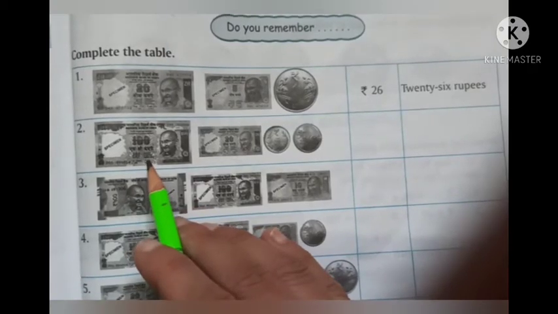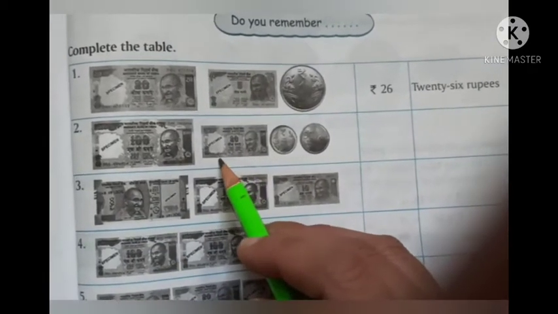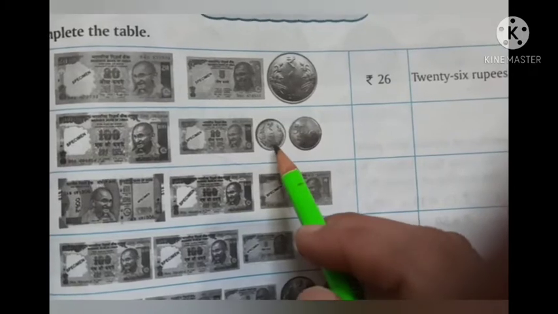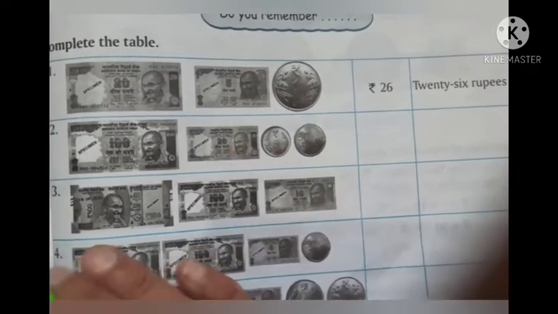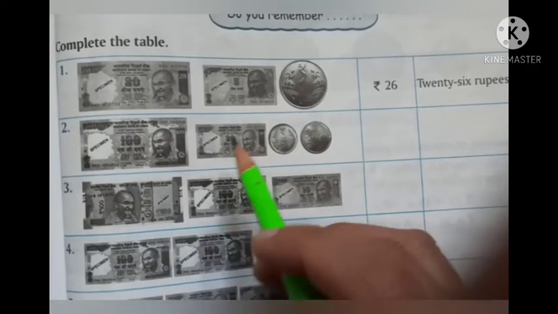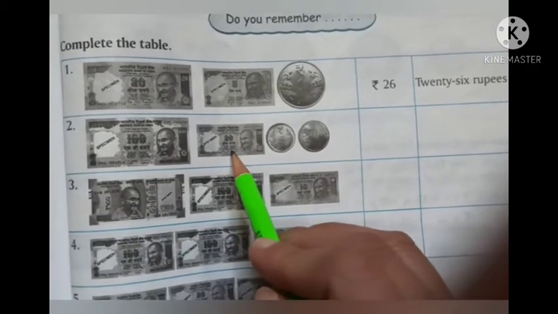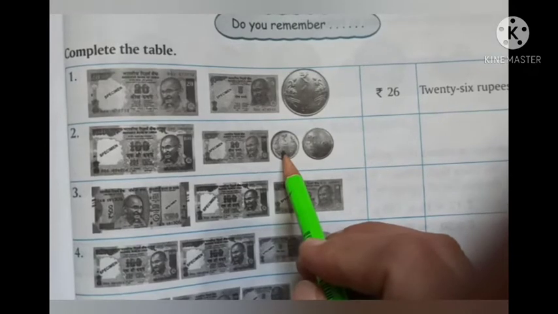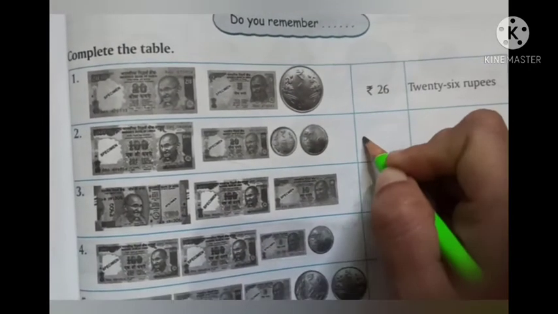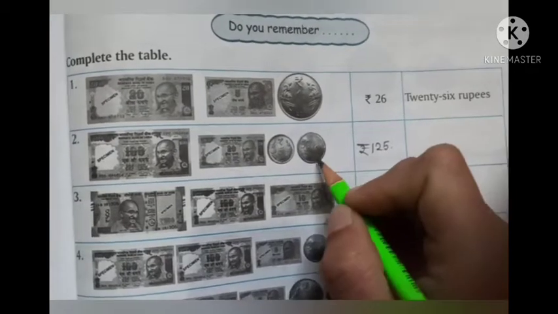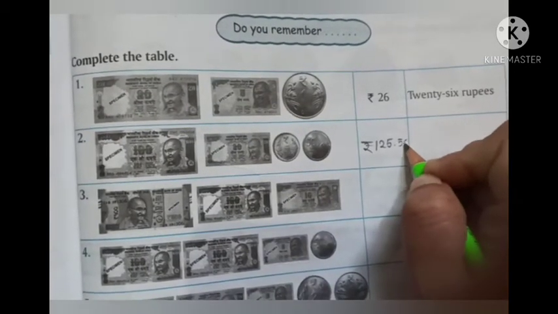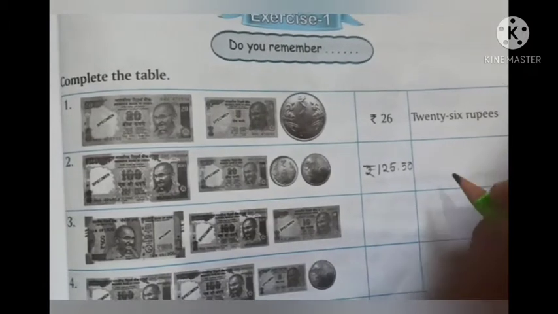Here we have a 100 rupee note, then we have a 20 rupee note, then we have a 5 rupee coin and a 50 paisa coin, right students? So if we count them together, it is 100 plus 20 is 120 plus 5, which means 125. So it is 125 rupees and a 50 paisa coin is there. So how will we write it?